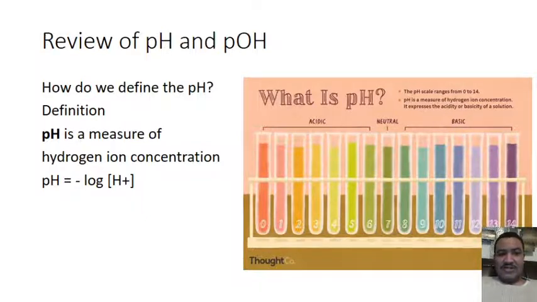So pH is the negative log of the concentration of the hydrogen ion. Typically we're going to measure concentrations in moles per liter, so that's what we would place in the concentration of the hydrogen ion. For example, a concentration of 10 to the minus 5 would give a pH of 5.